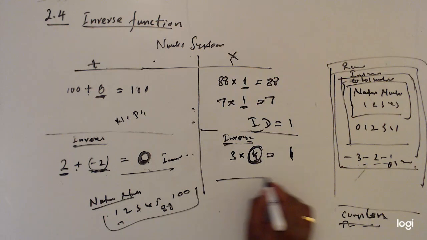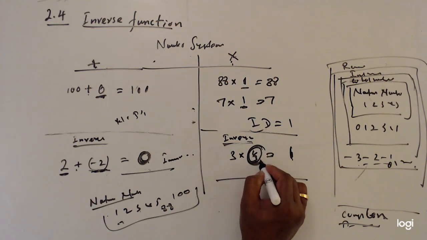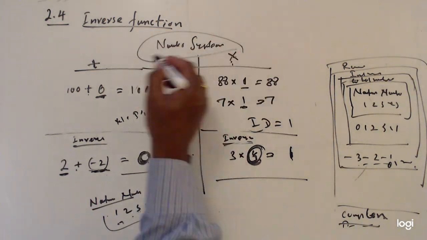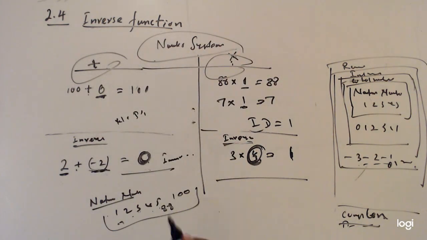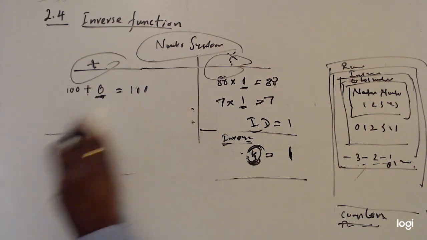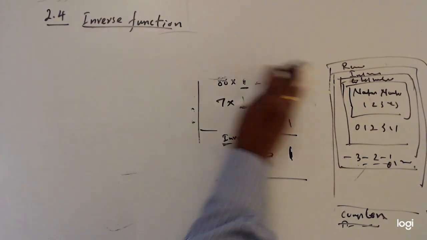So there is no inverse, basically for all the numbers. So it is failing again. So we should have a number system and an operation, and then if we have an ID we can check whether the inverse is there. But now I'm not going to merge this into functions, but I will start straight from there.